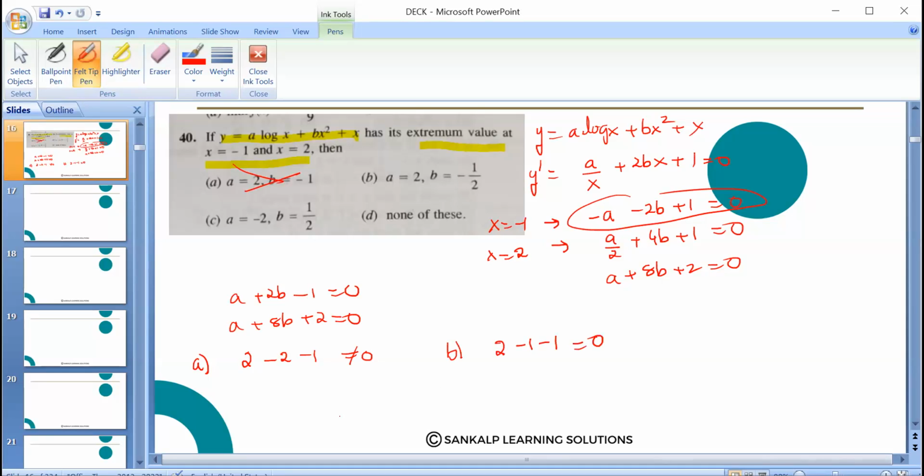Here you are getting 0. That means option B is correct. If you want, you can check the other one also. A is 2, B is minus half, so minus 4 plus 2. Here also you are getting 0. In both the equations, I have checked.